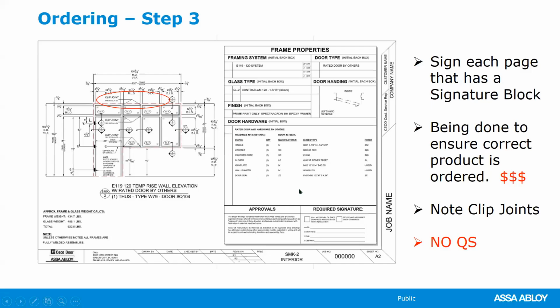If you do have a door in the assembly, there will be information about the hardware, also the door swing, and if you look down here on the bottom left, also a weight, the total weight of the assembly, including the glass in the frame.